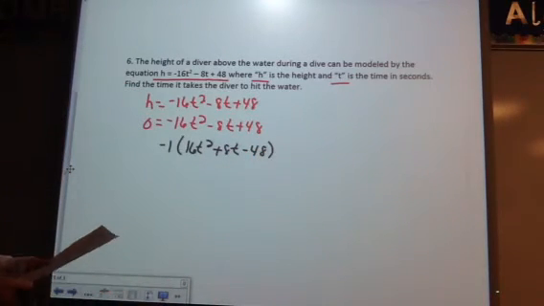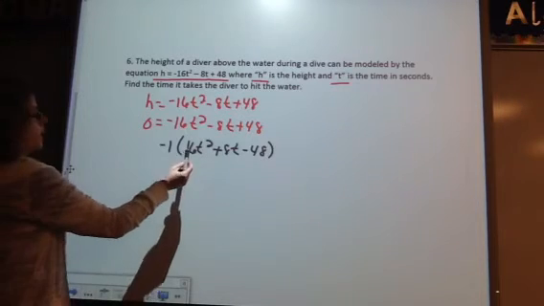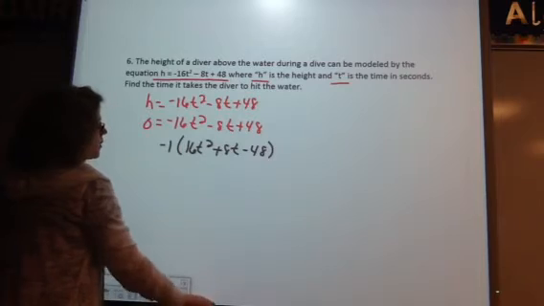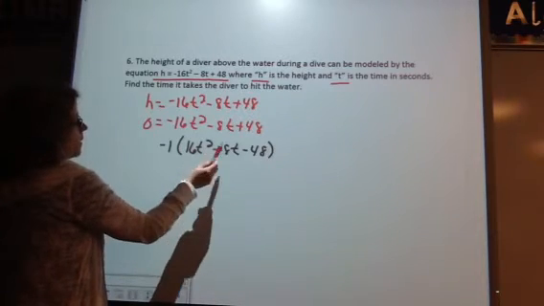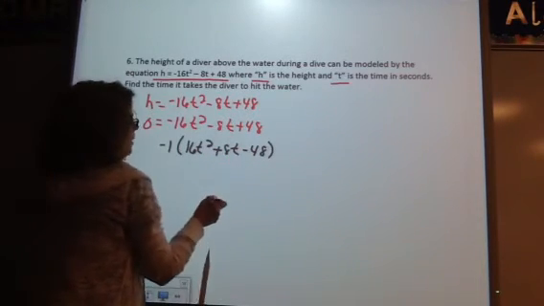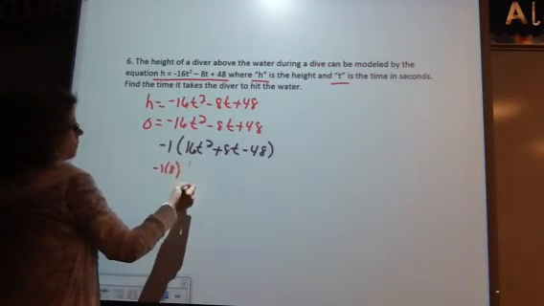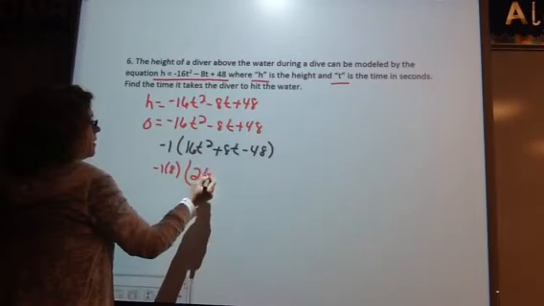Okay? Now, do we have any common factors between these three terms? Looks like we have an 8, don't we? 16 divided by 8, 8 divided by 8, 48 divided by 8. So let's pull out that common factor. So 16 divided by 8.